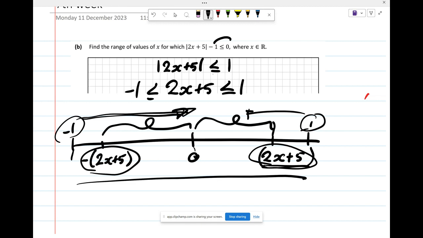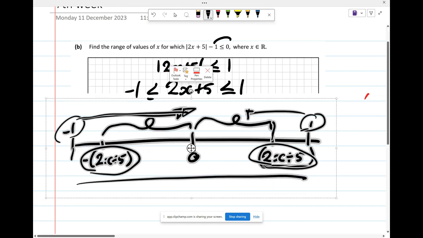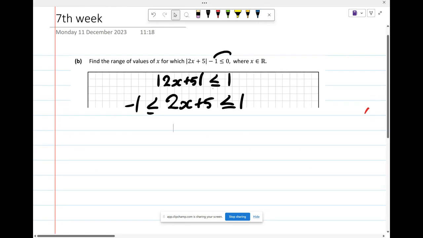Not something you need to remember, but do remember this step up here, turning this into this. So when you have absolute value, you're going to bring your 1 over here and change it to minus 1. And now we can just solve it like this.